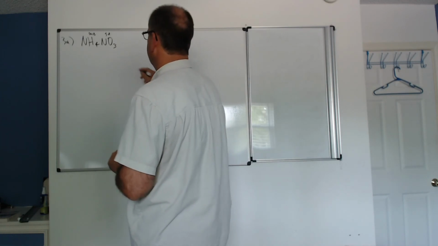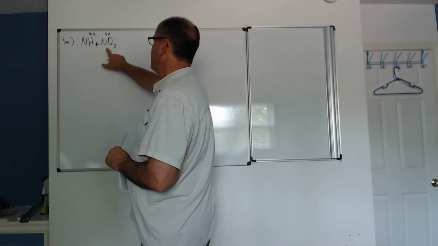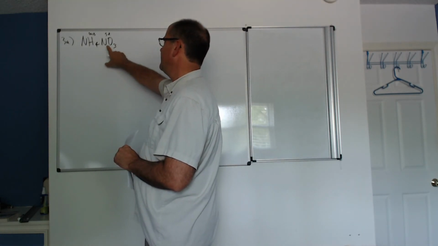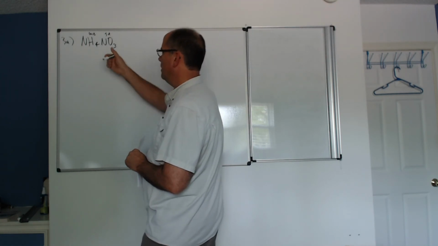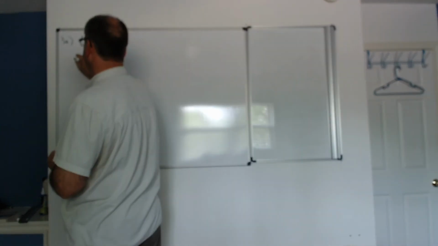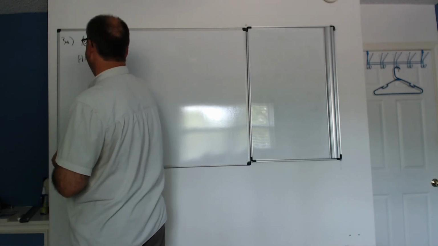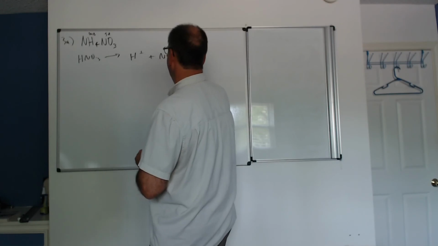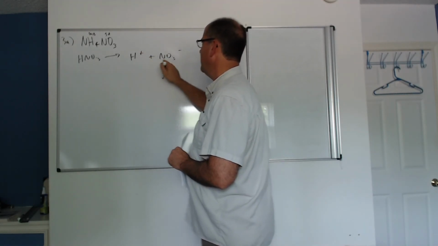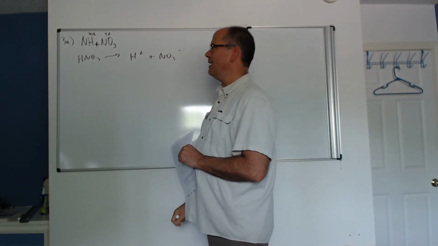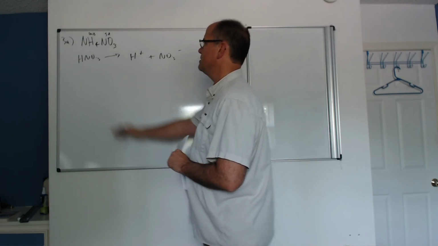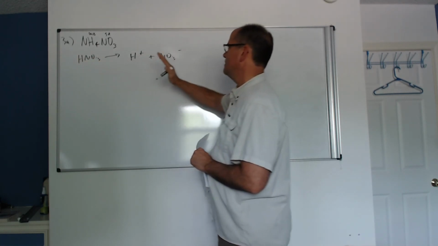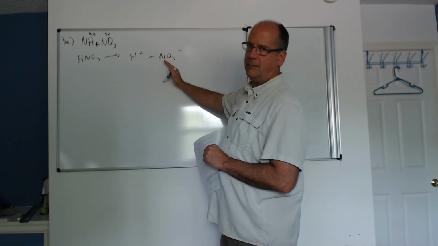If you think about this coming from a strong acid like HNO3, HNO3 is going to completely dissociate, and the NO3 anion, since this is a strong acid, is a very weak base.